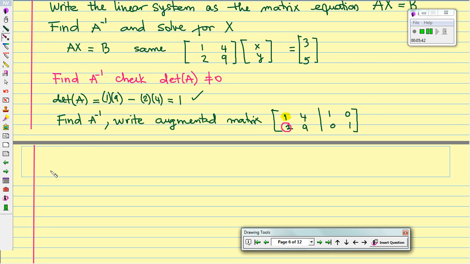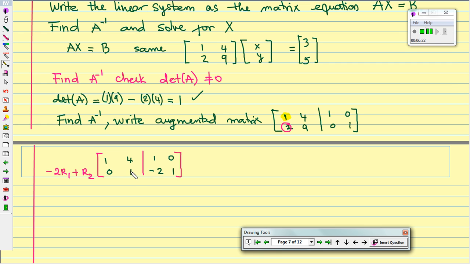So what we are going to do is take -2 times row 1 plus row 2, that will be the new row 2. Row 1 stays the same, so we'll copy row 1. The new row 2 will be 0, 1, -2, and 1.